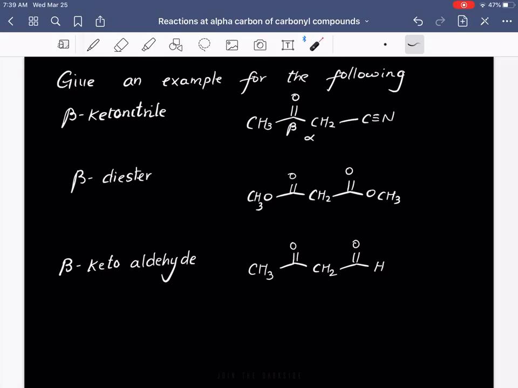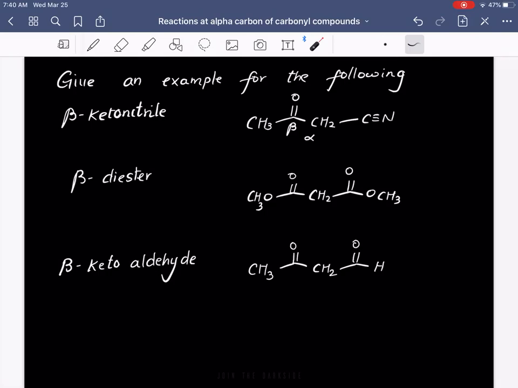And beta diester. So here again, these are just general examples. You can have different groups, different R groups. Let's imagine that this is your R group, this is your R group. Here in this case it is a methyl group, but you can also have an ethyl group or a propyl group depending upon the compound that you wanted to write down.